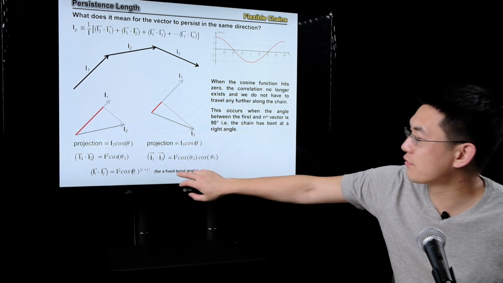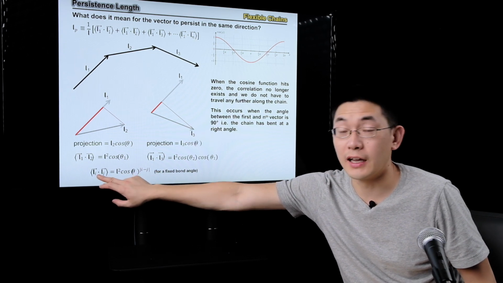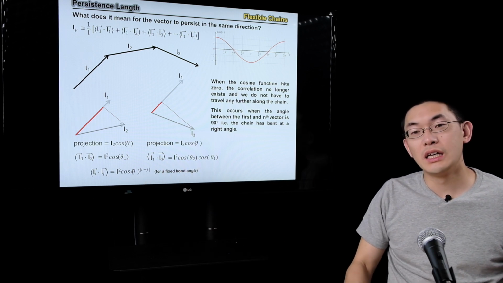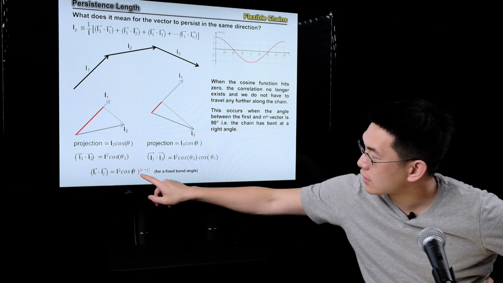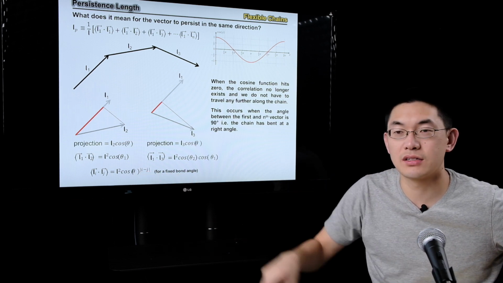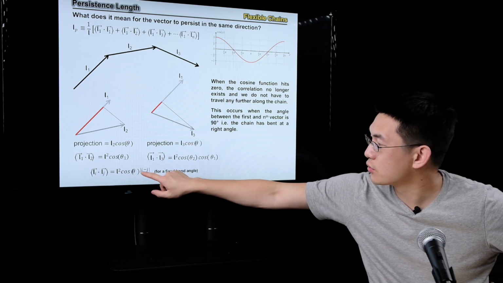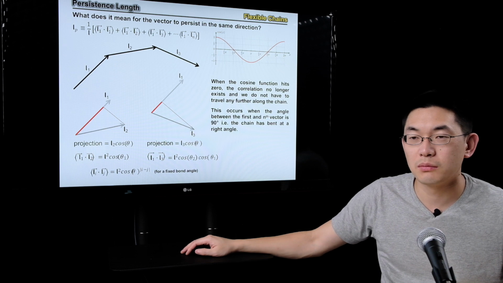If your bond angle is fixed, then you can calculate for any bonds i and j along the polymer chain, wherever they are. It can be generalized as L squared cosine theta to the power of the absolute value of i minus j. If they're next to each other, you apply 2 minus 1, and this translates to what we have shown above. Okay?